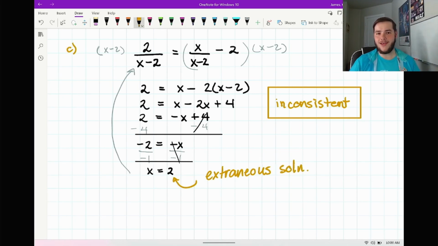We do arrive at the conclusion that x equals 2 should work, but it doesn't. And the ability to explain that phenomenon does require you to take a little bit higher levels of math, so we're not going to discuss that just yet. But this is an important note to always check your answers. Always check your answers. This equation is inconsistent.